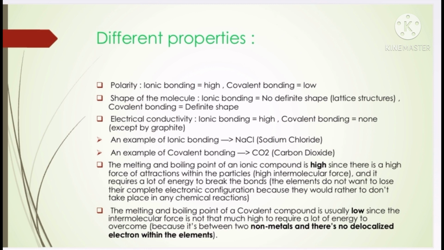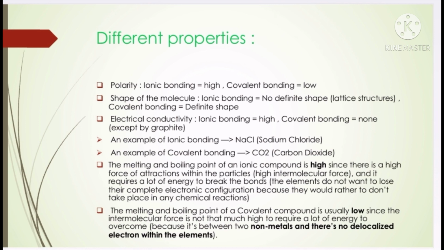The shape of the molecule: ionic bonding does not have a defined shape. It's a lattice structure. But covalent bonding has a defined shape. For example, diamond is a giant covalent structure. Each carbon atom is covalently bonded to 4 other carbons, with a single covalent bond between them.